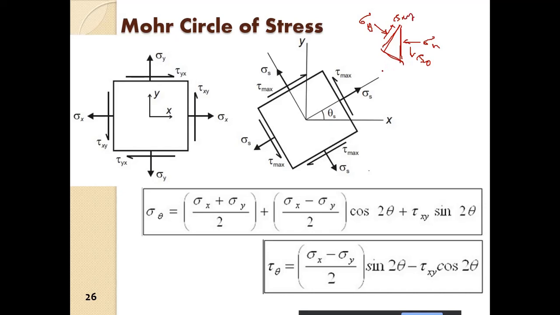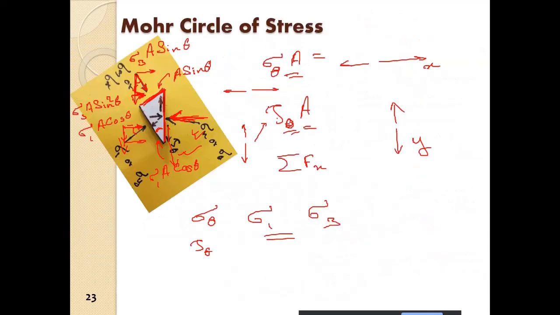Here it will be sigma x, and here it will be tau yx, and this will be tau xy. So ultimately, you find out what is the force equilibrium.